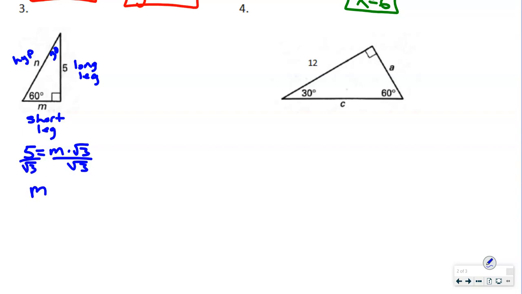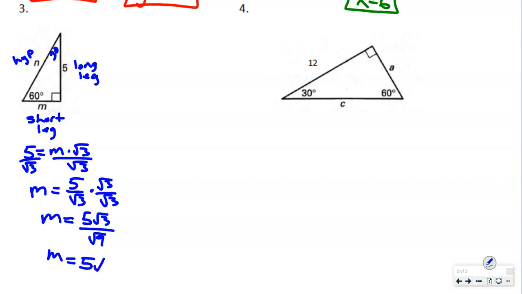It gives me m equals 5 over the square root of 3. We want to get rid of that radical in the denominator, so we've got to multiply by square root of 3 over the square root of 3. So then m equals 5 square root of 3 over the square root of 9, which is 3. M will equal 5 square root of 3 over 3. And that is simplified.